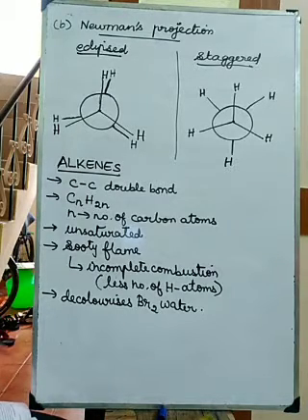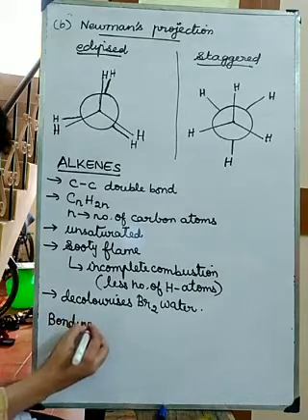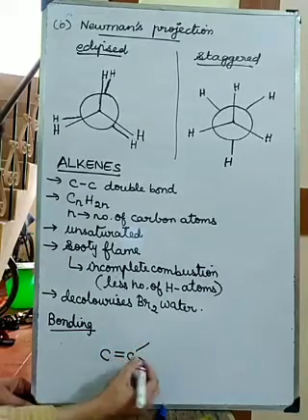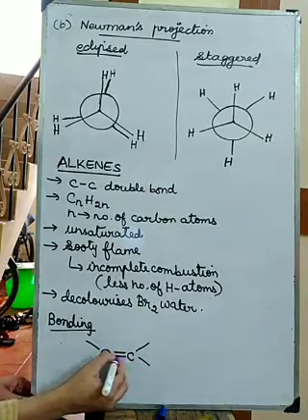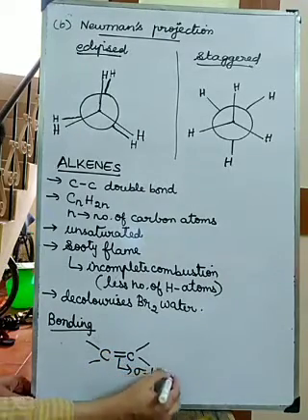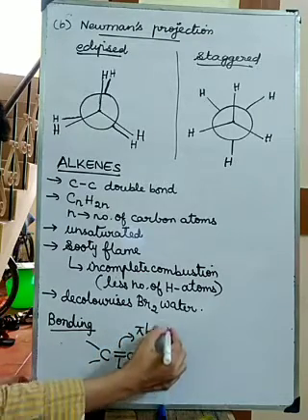And about the bonding, I told you carbon and another carbon will have a double bond. In this double bond, one bond is called the sigma bond and another bond is called the pi bond.